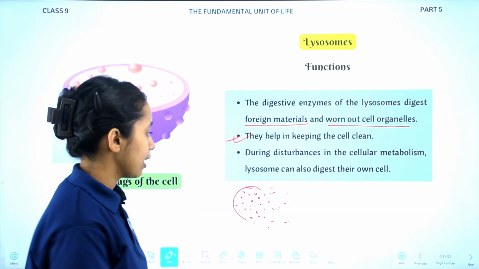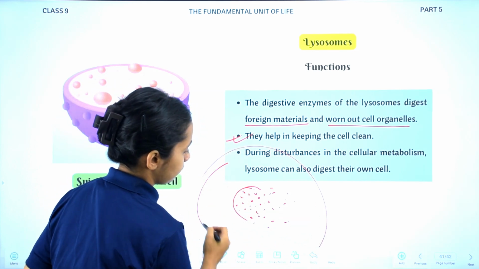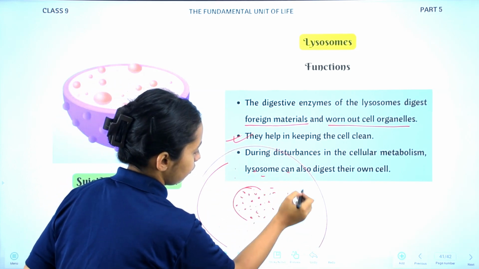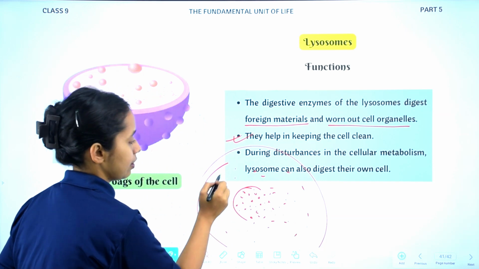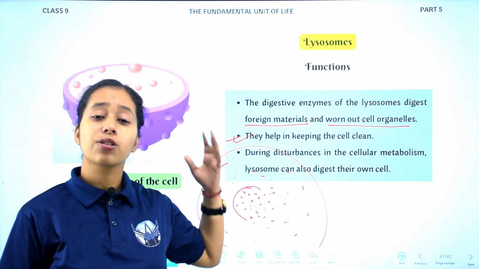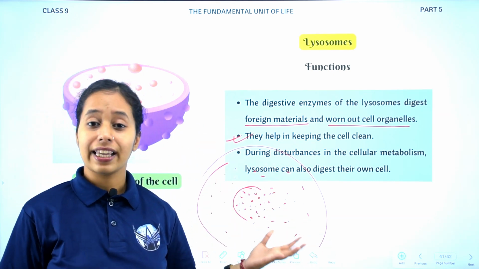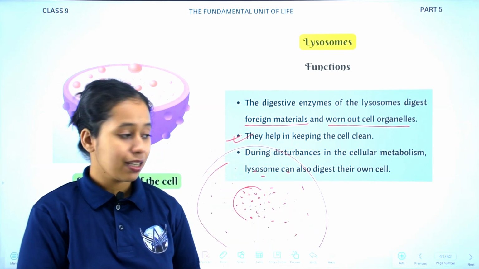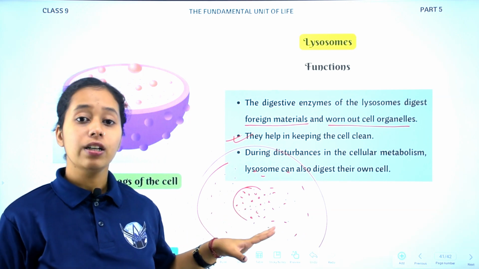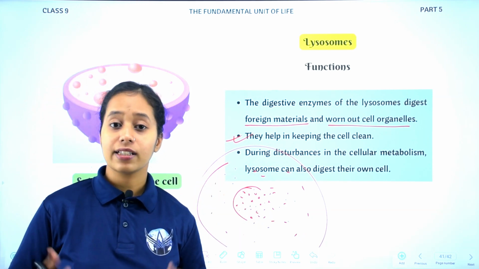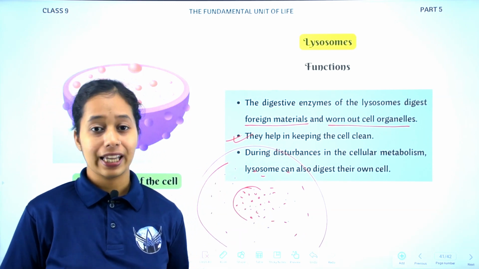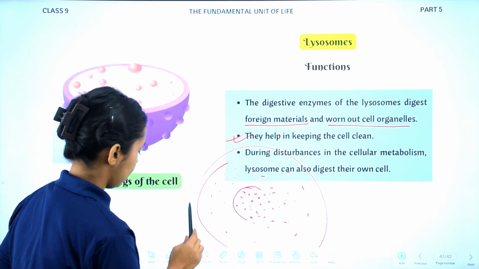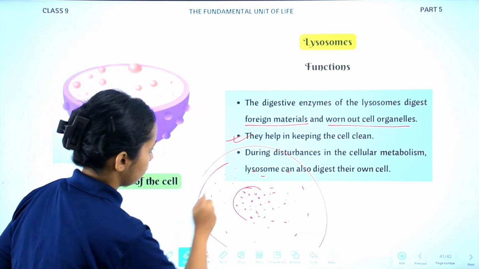Now in the cytoplasm we will find digestive enzymes, and these are so strong that they have the ability to digest the parent cell as well. So these digestive enzymes will digest their own parent cell.